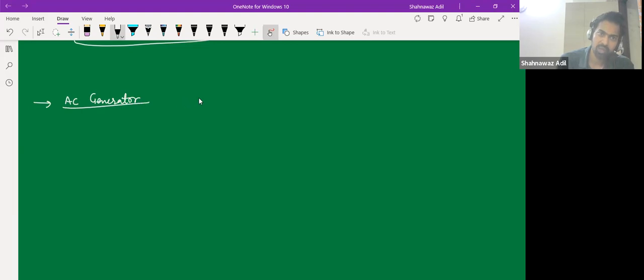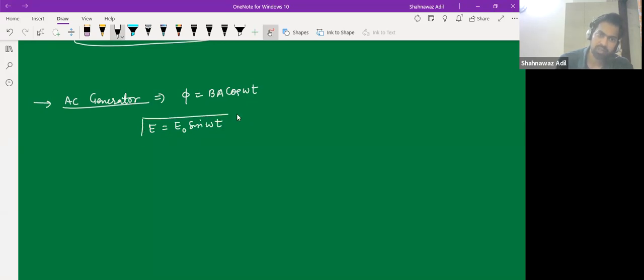We saw how the changing flux was NBA cos omega t, and then it generated the EMF, which was E naught sine omega t.